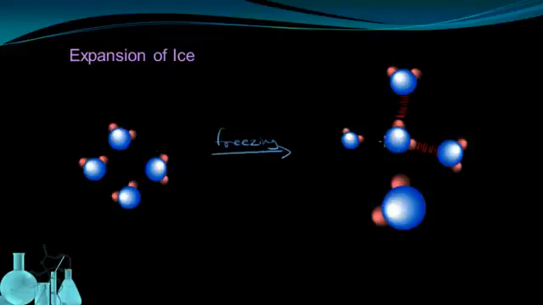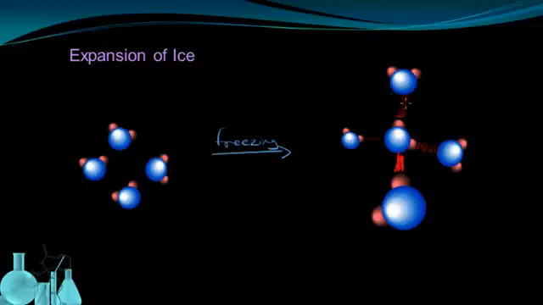So we have this central water molecule right here essentially attached to 2 others because they're not able to move fast enough to escape this intermolecular attraction from the hydrogen bonding. We also have this one fading into the distance here, and this other intermolecular attraction sort of coming out towards us.